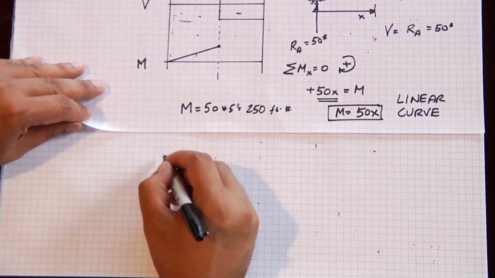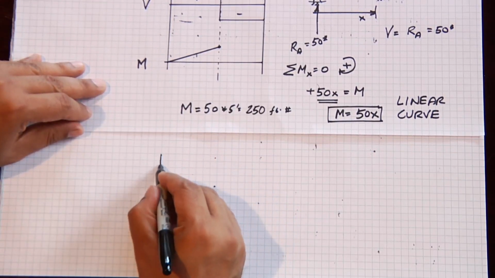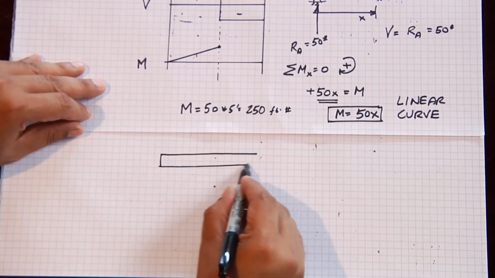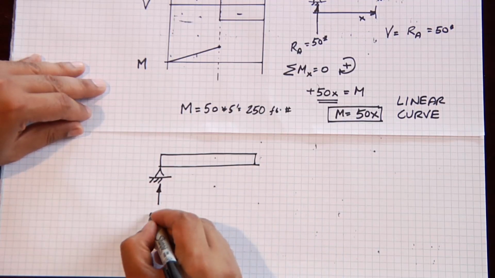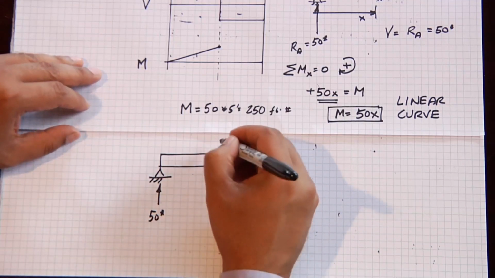And so on the right-hand side, if we go back and do a free body diagram now of the right-hand side of the diagram, we have our left reaction, 50 pounds.